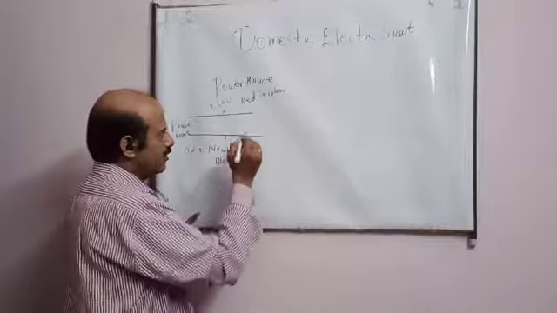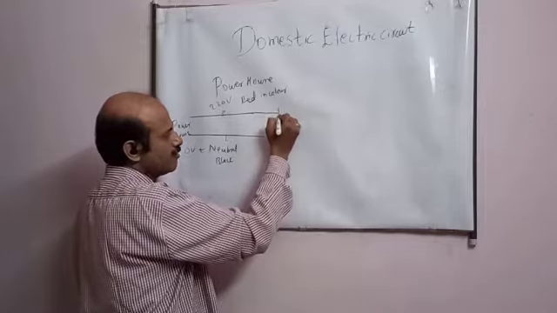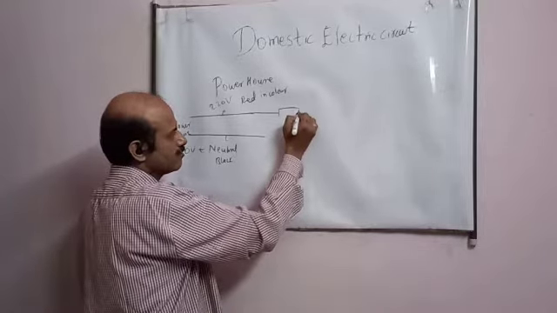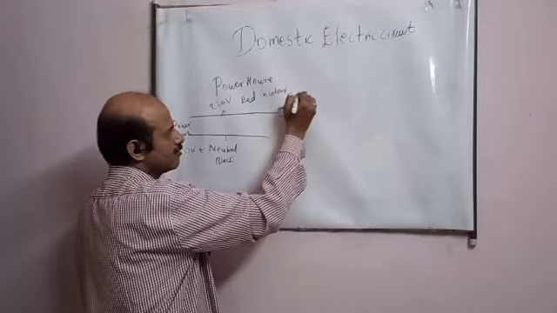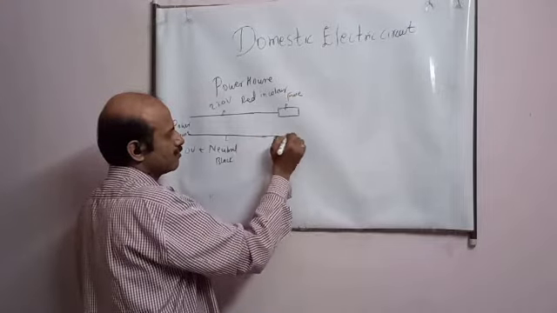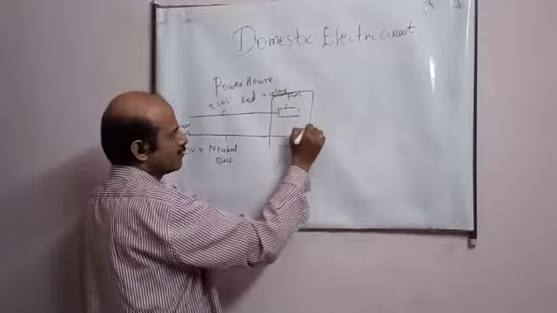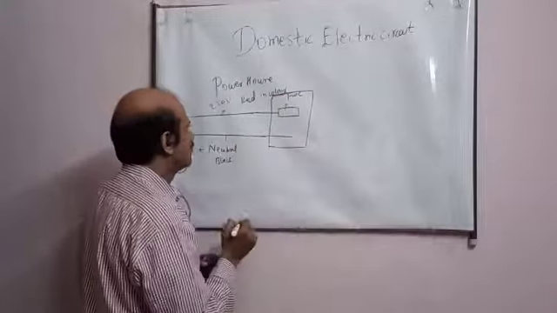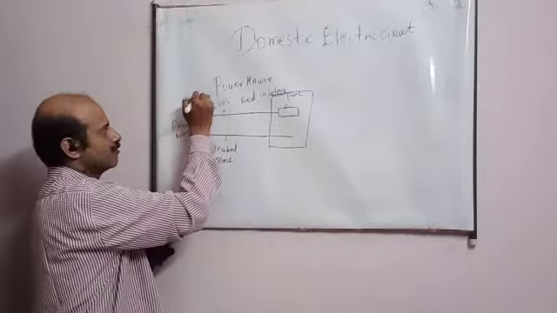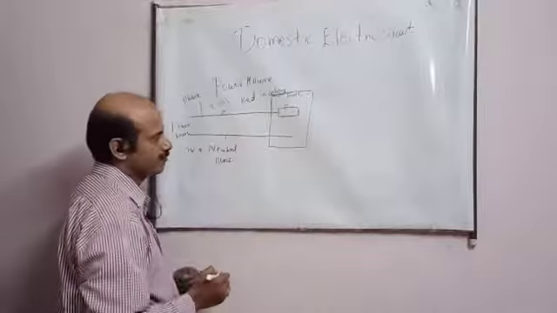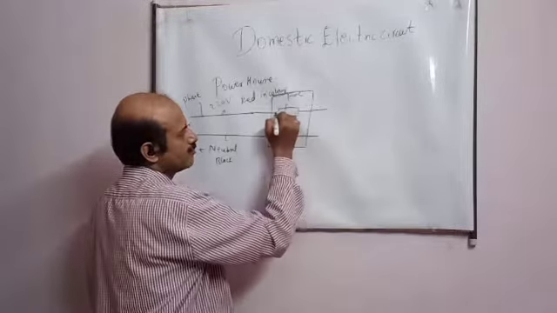Okay, student. These two wires come, and as they enter our house, there is a fuse. This one is phase. It comes out like this.